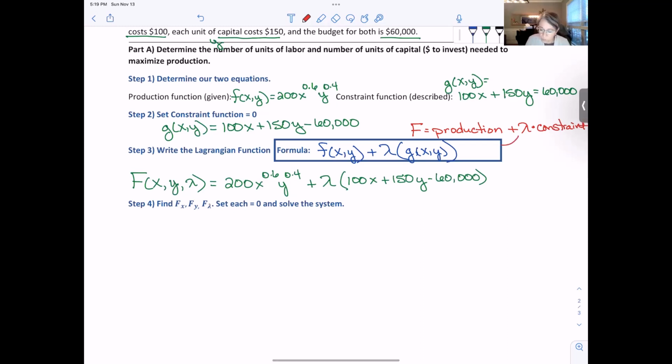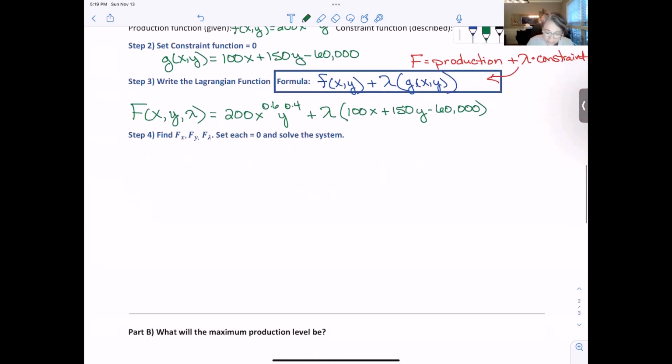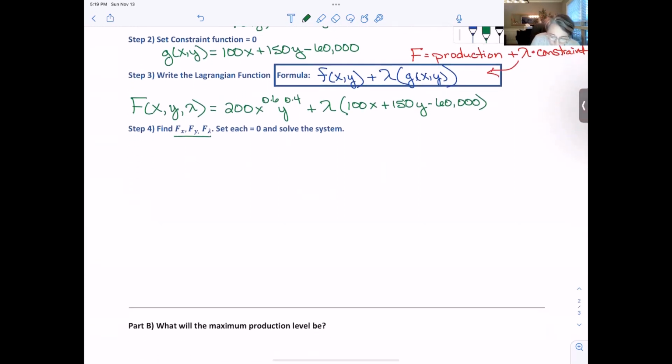That's what this formula is right there. So now we want to find all three of these derivatives. There's something special about this guy, we'll notice it in a minute. We're going to find all three of those derivatives, set them equal to 0, and then solve a system. So we're going to find the partial derivative with respect to x first.